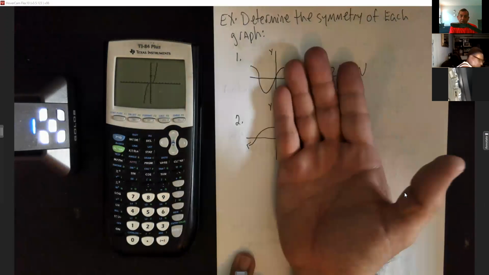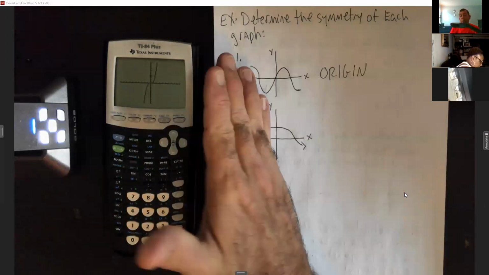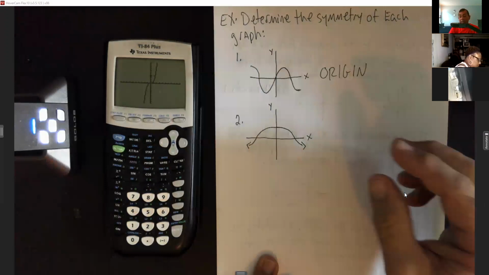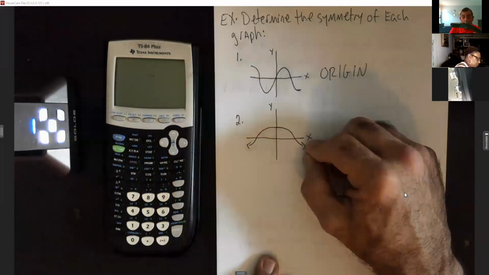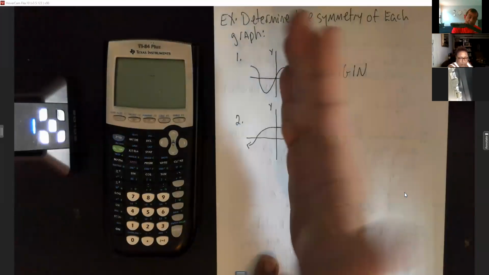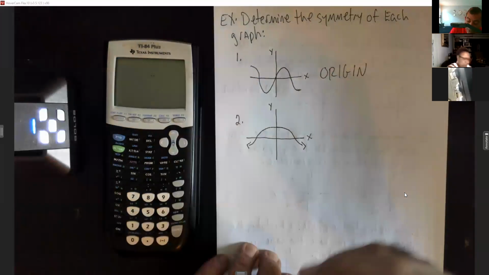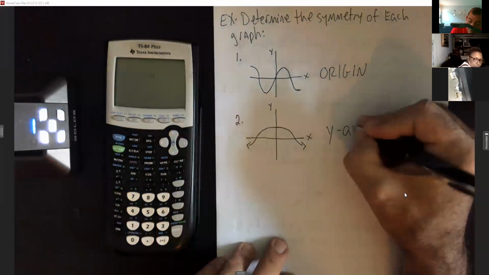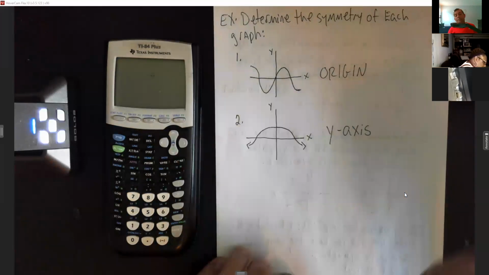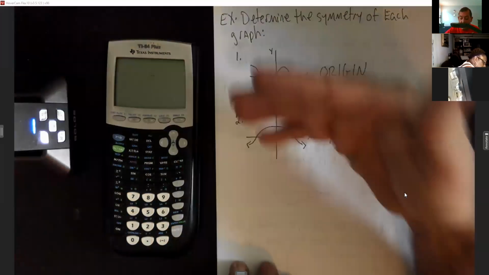If I take my graph and I fold it over the Y-axis, notice the right side of my graph, when I fold it over, lands exactly on the left side. So that side lands right on it, which means it is definitely symmetric to the Y-axis.